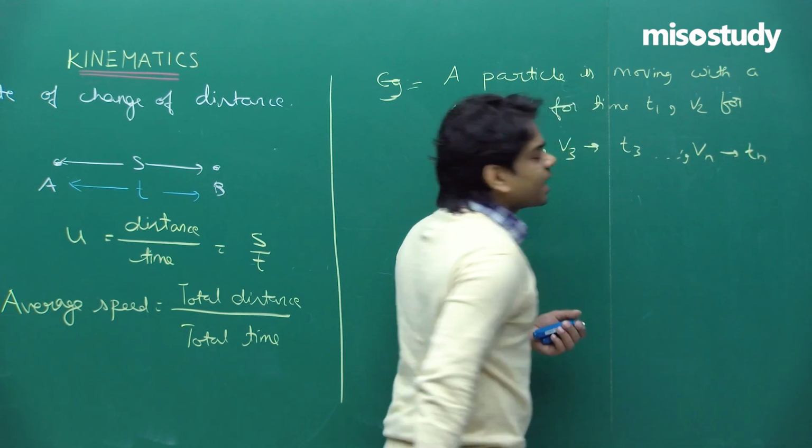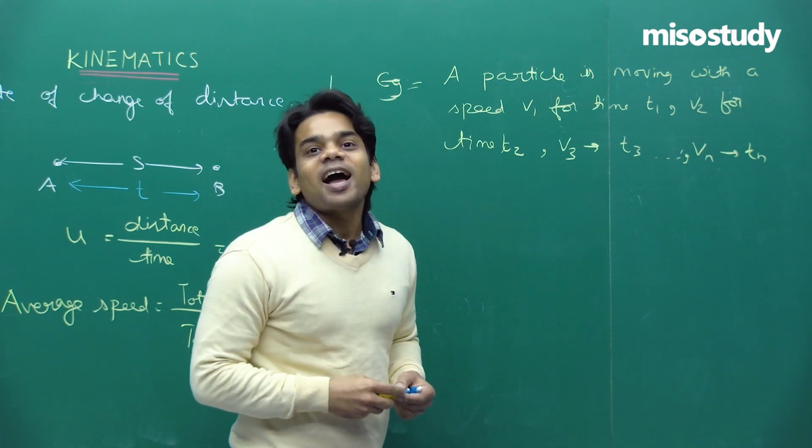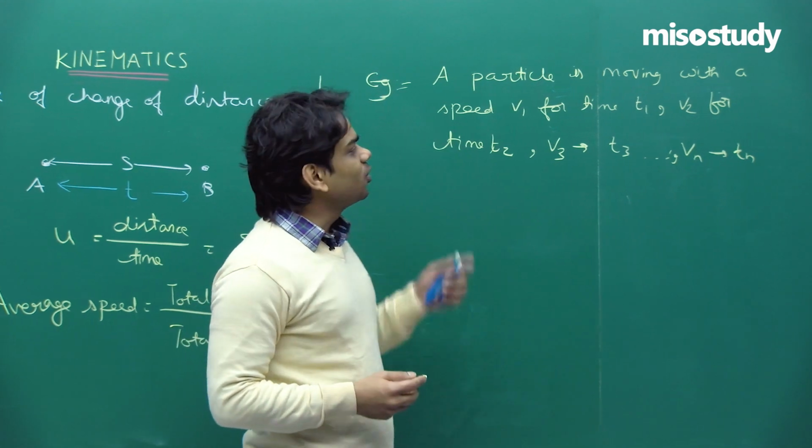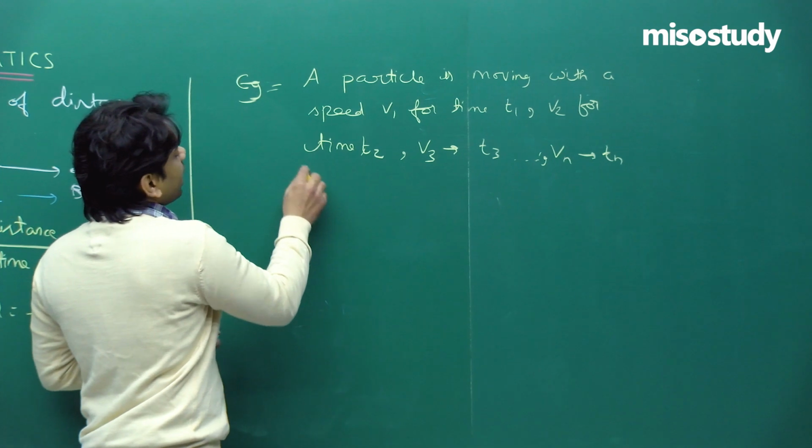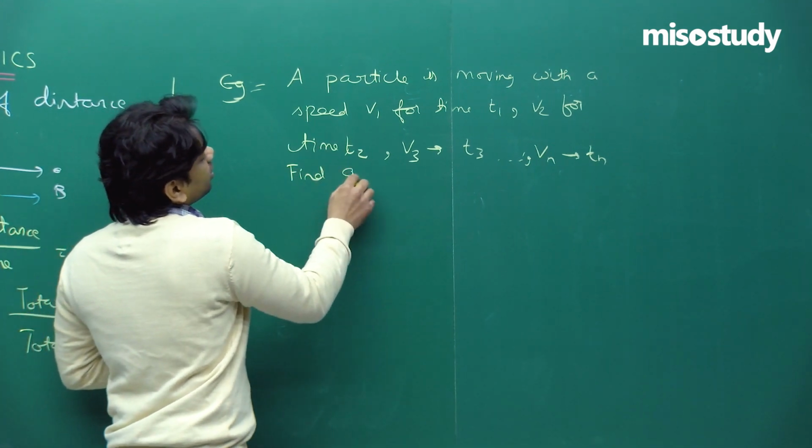Now it has been asked, what is the average speed of the particle during its course of journey? So find average speed. This is the problem.